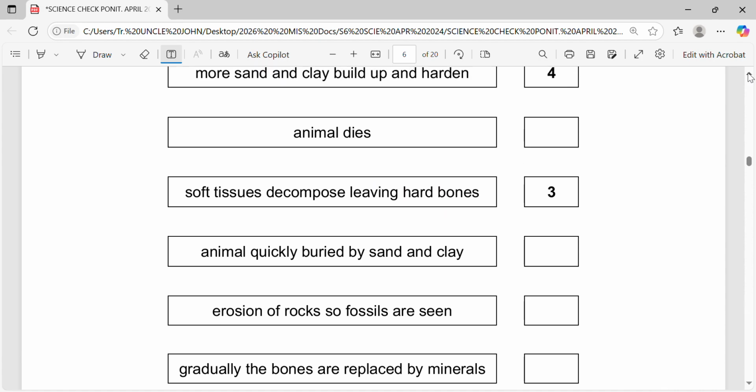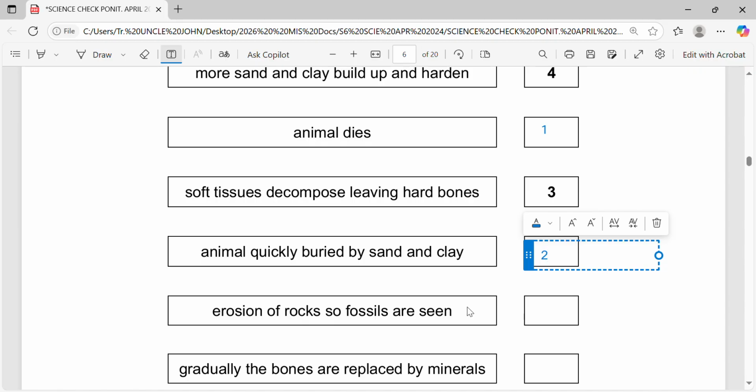So the first one, an animal dies. This should be stage 1. Then the next one, animal quickly buried. After it has died, it is quickly buried by sand and clay. So this comes number 2.